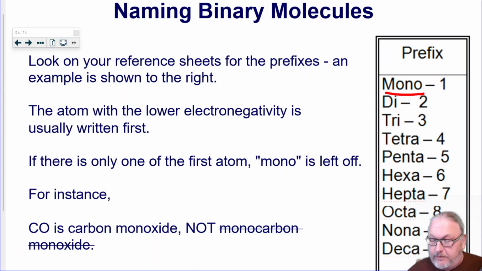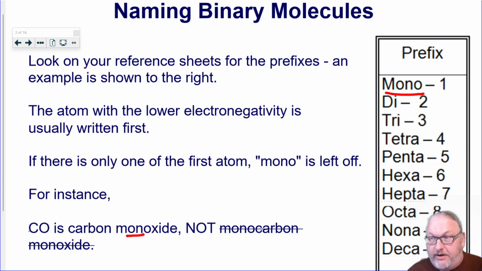So I've got carbon monoxide, CO. If you know what that is, it comes from exhaust and it'll kill you if you breathe it in. Anyway, CO is carbon monoxide. There's one carbon, it's in the front.